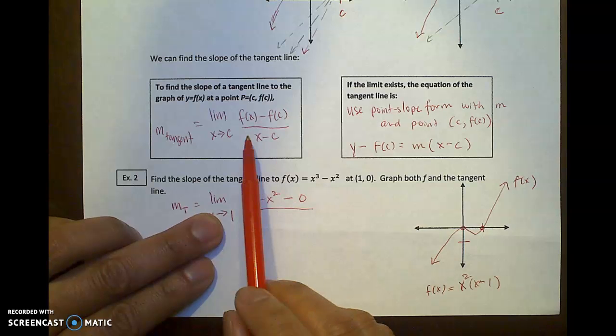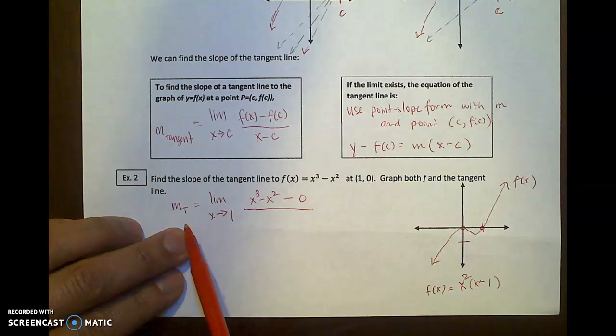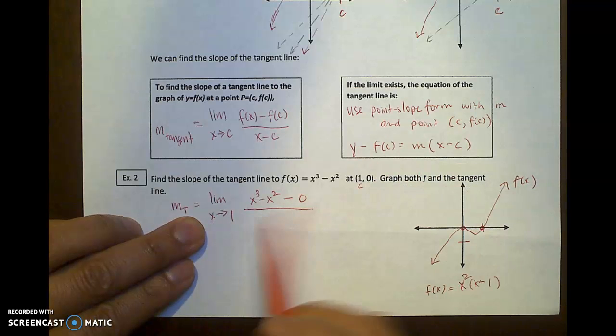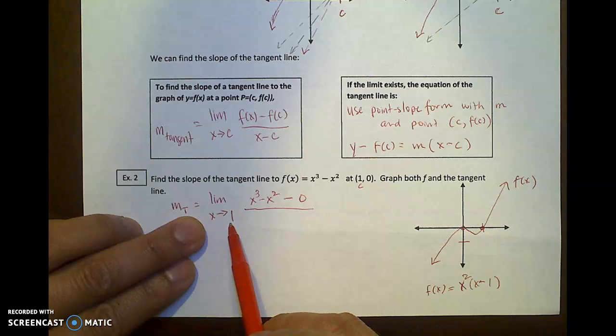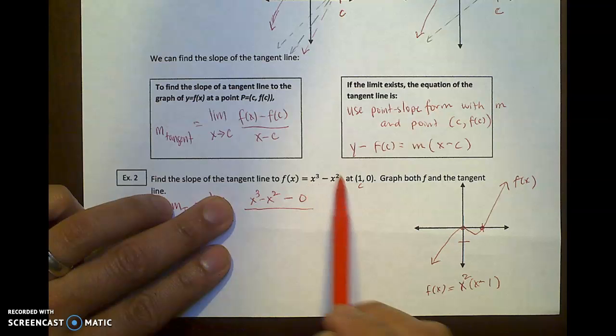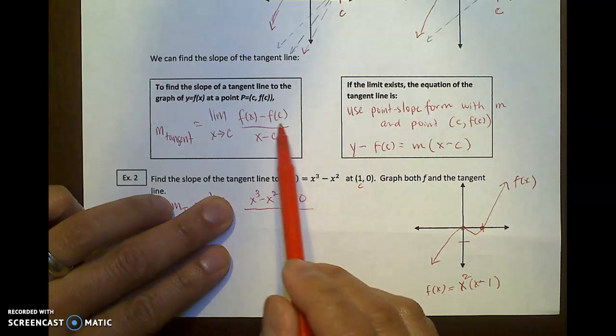So from this setup, to find the slope of the tangent line we set up a limit as x approaches c. This is our c value, so x approaches 1. The numerator is f of x, the original function, minus the function evaluated at c.